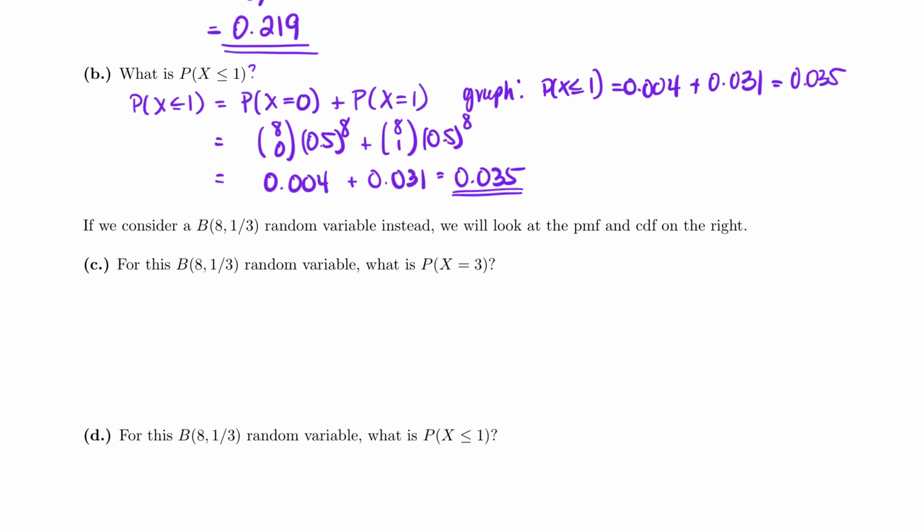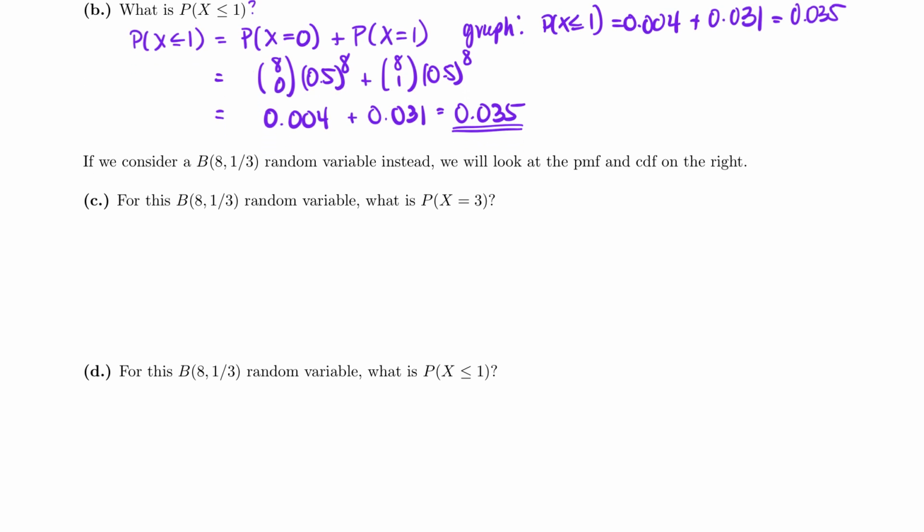So if we wanted to find for our binomial of n comma p being 8 trials and a probability of success only being 1/3, what does that look like? When we want to know the probability that the number of successes is 3, from the graph, we know that the probability that x equals 3 was 0.273. Let's see what this looks like using our formula.